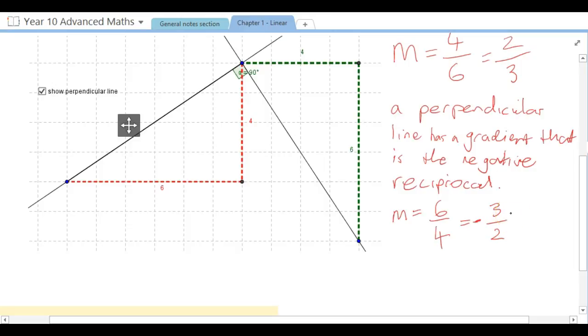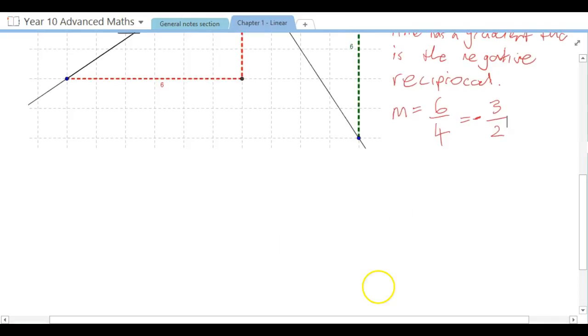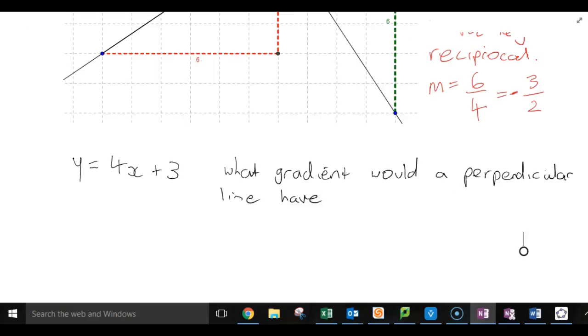That works with whole numbers as well. I'll show you an example of a whole number. Let's say we had a line with y equals 4x plus 3, and you asked, if you had a line perpendicular to this line, what gradient would it have?